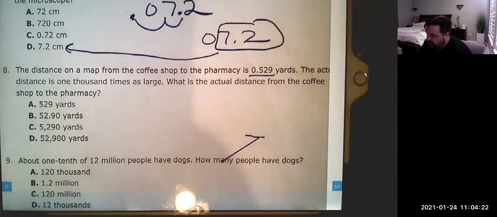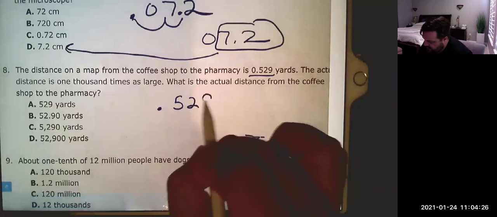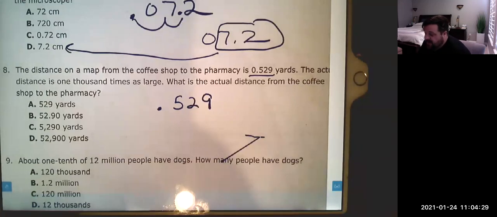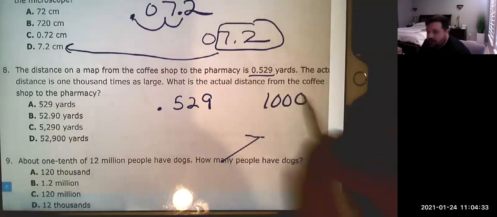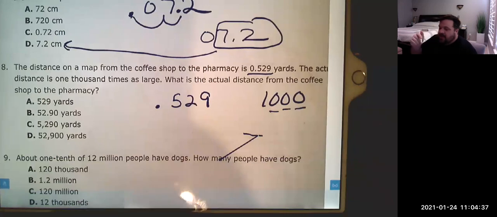Okay, so if you're taking your 0.529 and it's 1,000 times as large, you have 1, 2, 3 zeros. And you have to make the number get bigger because it's 1,000 times as large. It's 1,000 times bigger.